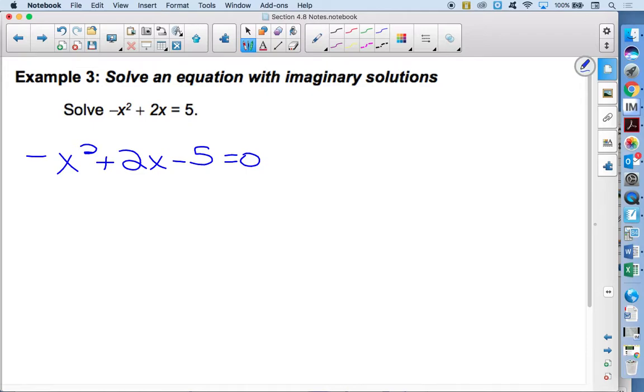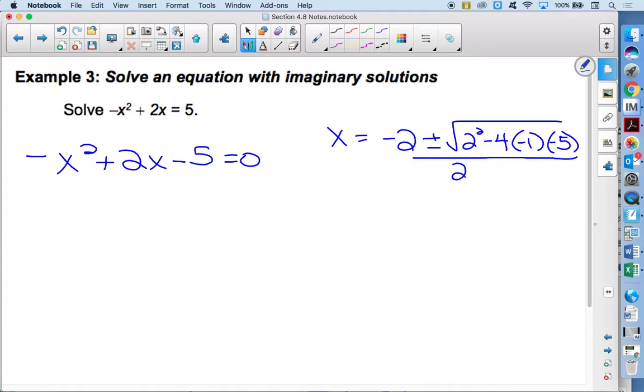And then you're still using negative b plus or minus the square root of b squared minus 4ac all over 2a. So b is 2, it's negative 2 plus or minus 2 squared minus 4 times negative 1 times negative 5. And then on the bottom, 2 times negative 1.